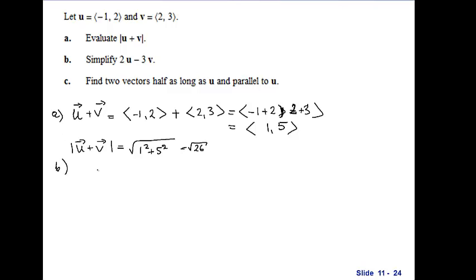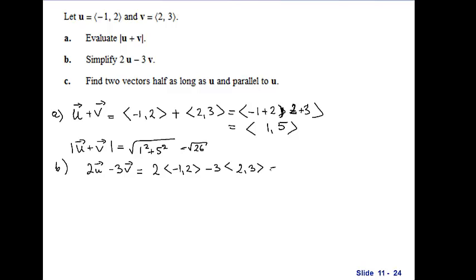Now for B, we need to simplify. As you see, the length is the scalar here. If we would like to simplify 2u minus 3v, let me rewrite it in terms of components. So I'll have 2 times negative 1, 2, minus 3 times 2, 3.